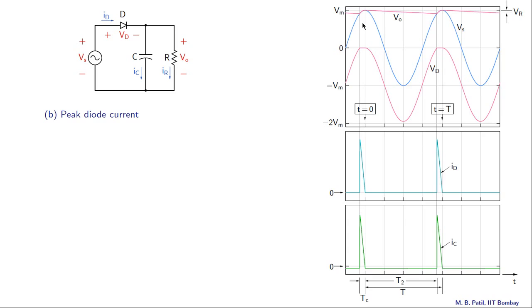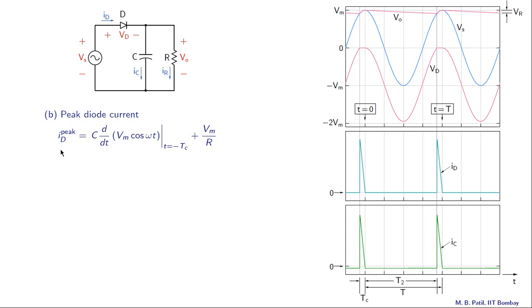And clearly the maximum slope happens at this point right here, and that is t equal to minus Tc. This is our t equal to 0, so this is t equal to minus Tc. So what we need to do now is to find the slope dVs/dt at this t equal to minus Tc.